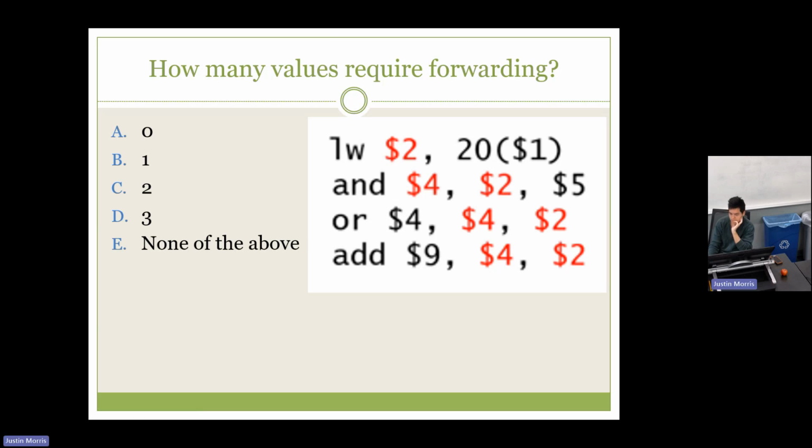Third cycle, fetch the OR, decode the AND, execute load word. And this is where we figure out there is a hazard that requires a solve. The load word is going to write, and you can read from memory, and the AND RS matches RT.